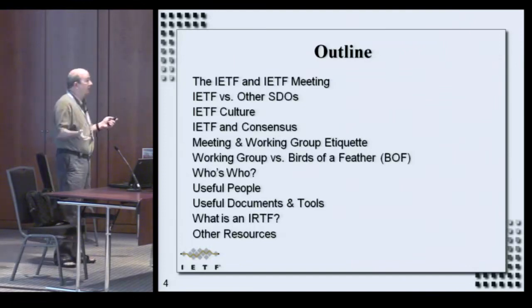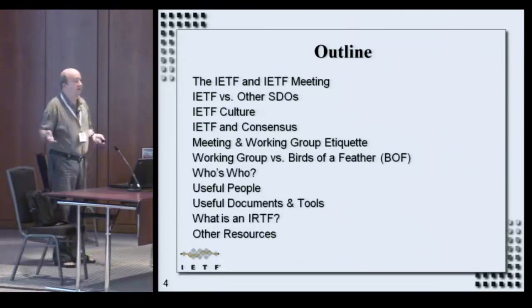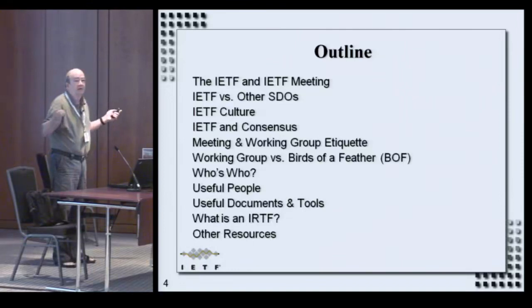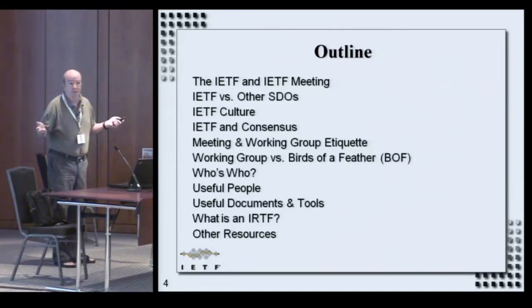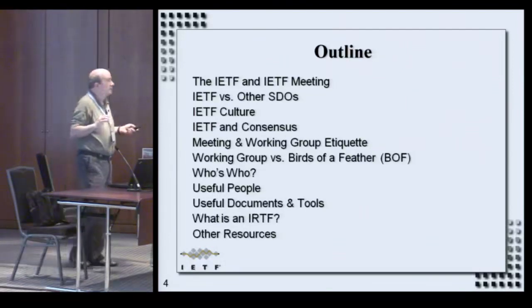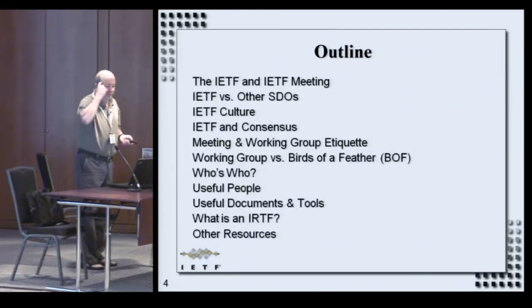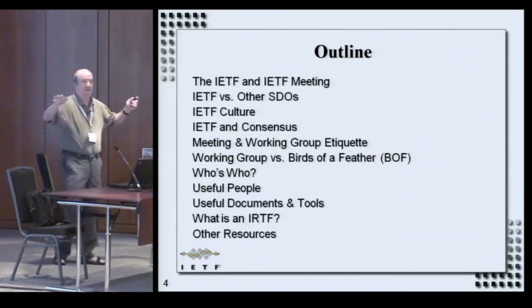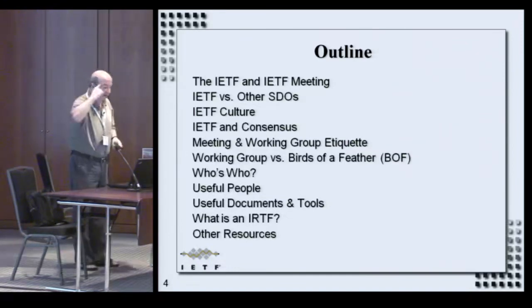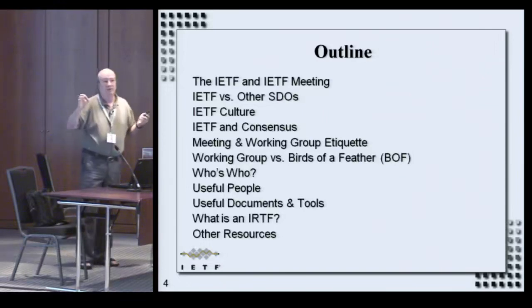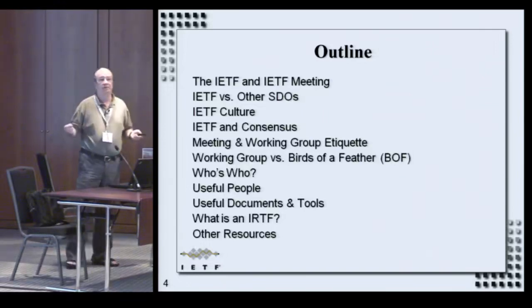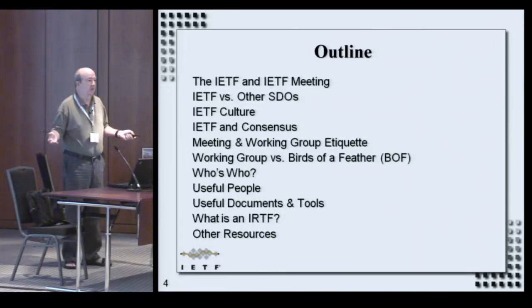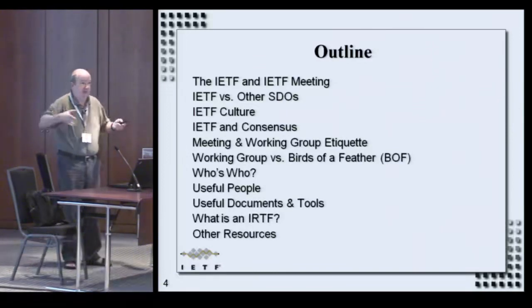And I'll tell you a little bit about what working groups are, what Birds of a Feather sessions are. Point out some useful people. Mainly I'm going to be decoding some of the dots for you, and talk about documents and tools. By the time all is done, we will hopefully have given you enough information that you'll be able to work your way through the IETF meeting, at least.